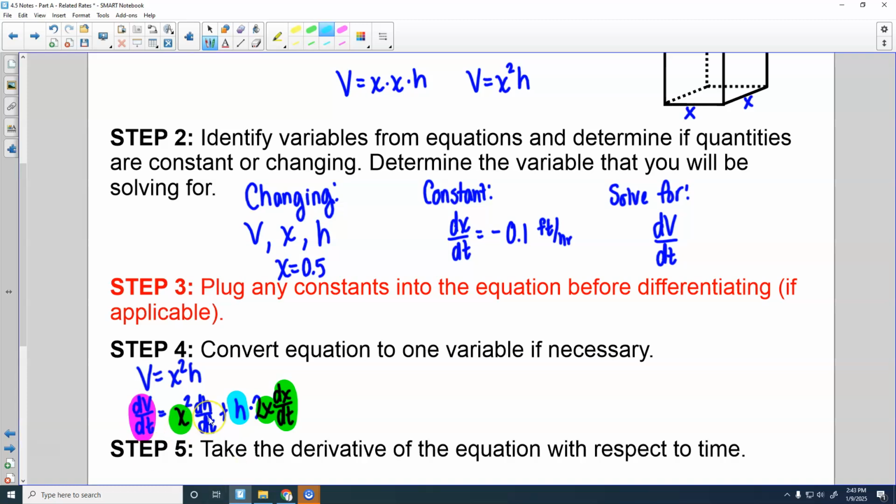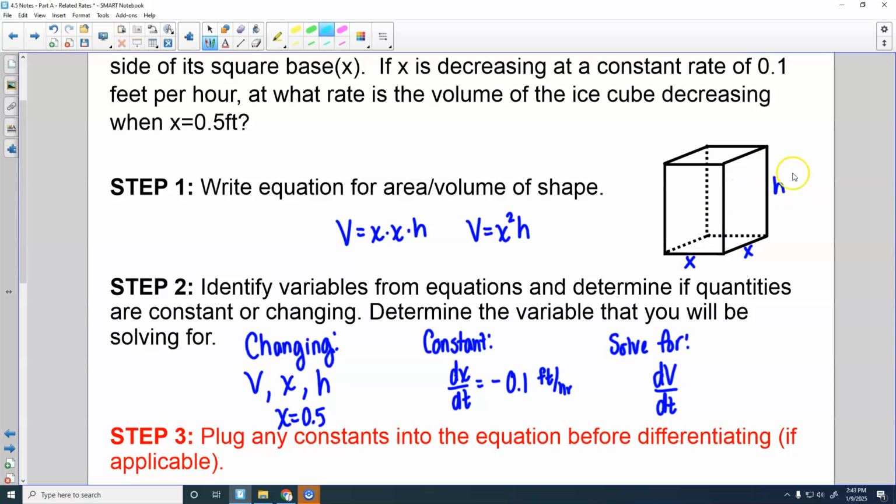But do I know anything about dh dt? I do not. I might could reason through what it would be for this scenario, but in my mind, I think it would be just a lot easier to change the original equation for this. Because I can't do anything with that dh dt, so I'm going to hit a roadblock if I don't do this next step.